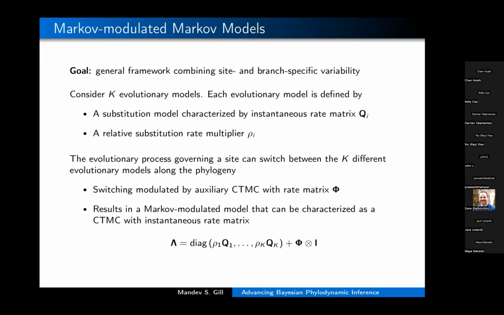The evolutionary process for each site can switch between these k different evolutionary models along the phylogenetic tree. And the switching is determined by an auxiliary continuous time Markov chain. This results in a Markov modulated Markov model that can also, in fact, be described as a continuous time Markov chain. And we can construct its instantaneous rate matrix from the evolutionary model parameters and the switching model parameters.